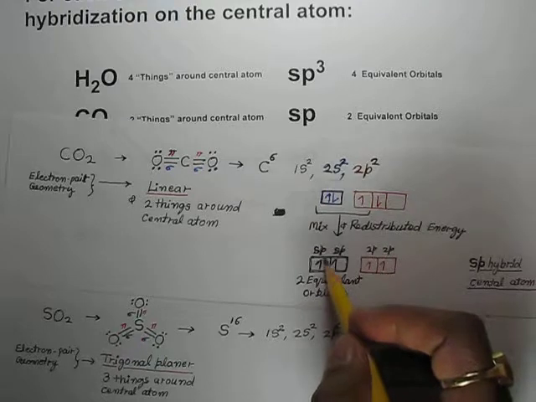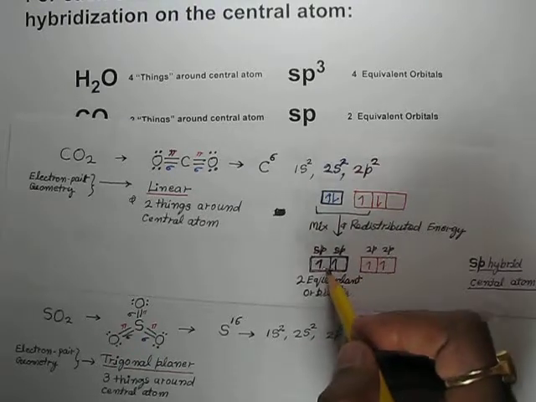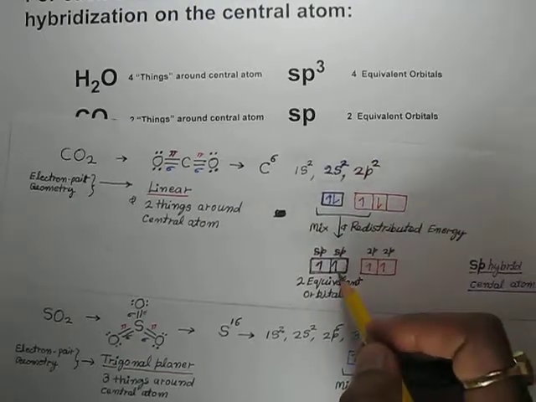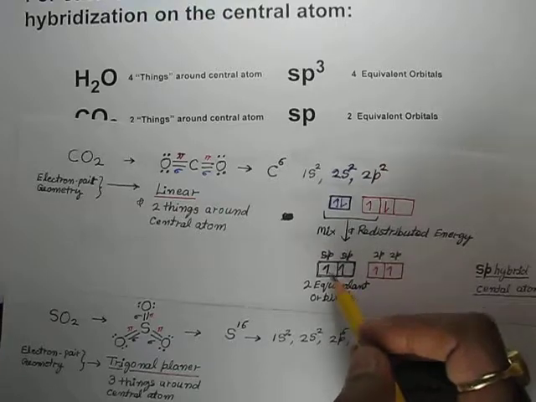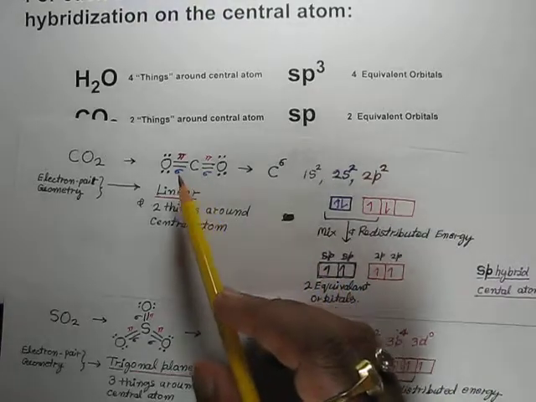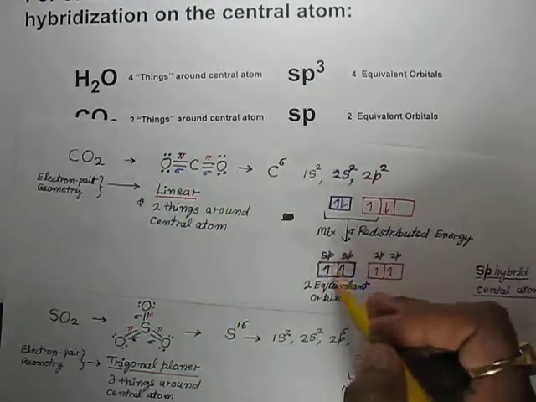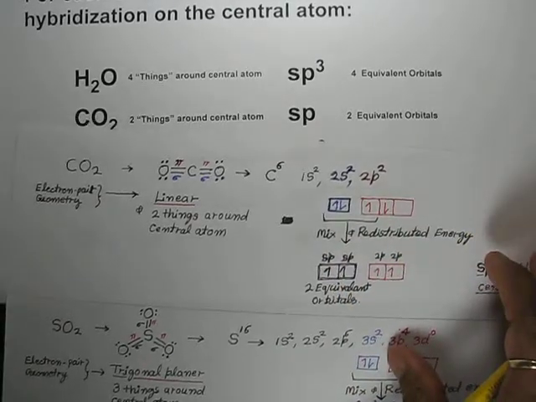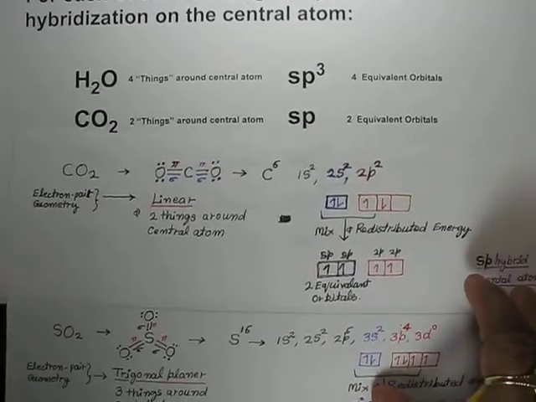That is why it's called sp hybrid orbitals, and each orbital has one electron. Then it can share another electron with oxygen to make a double electron pair.